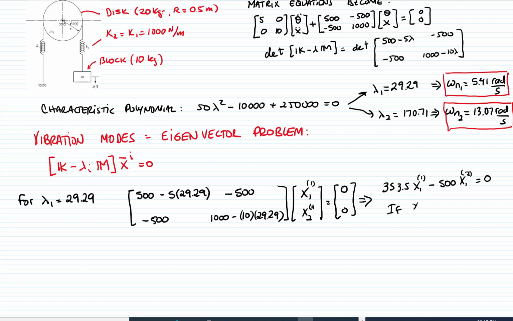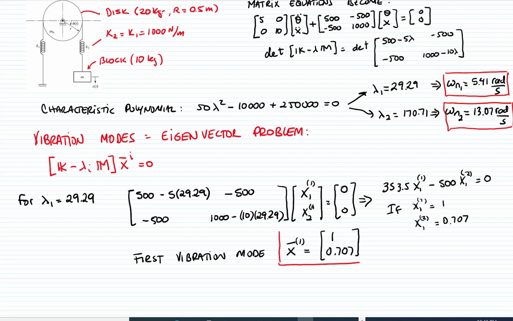So let me set up x1 equals to 1 and I solve for x2 and I get a positive value of 0.707. And these two values represent the first vibration mode, which is (1, 0.707).